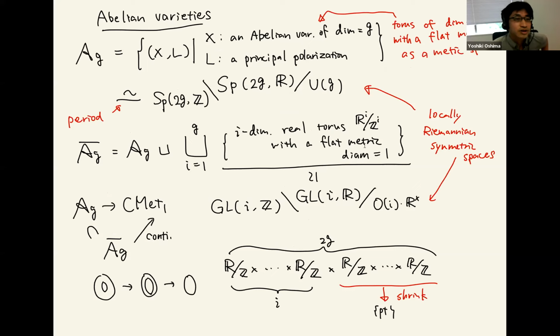Okay, so in this A_g picture, there appear so-called locally Riemannian symmetric spaces. This is the locally Riemannian symmetric space for a symplectic group, and this is for GL(n, R).